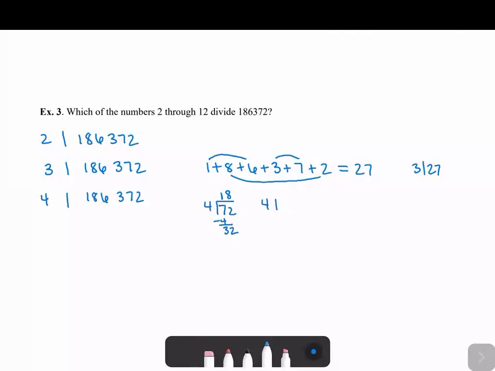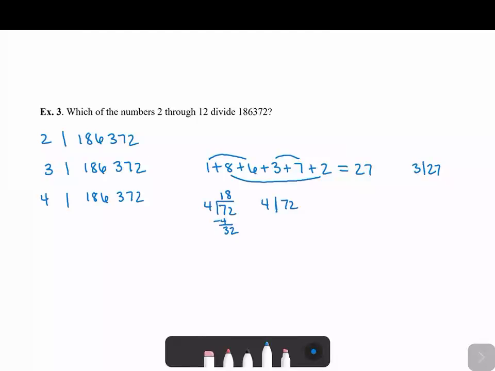And the motivation for this test is that we are only looking at things in the ones place and the tens place. So we ignore everything in the hundreds place on, and that's because 4 divides 100, because 100 is 4 times 25. So 4 divides 100, and therefore, as we saw in the product property, 4 will divide any multiple of 100.